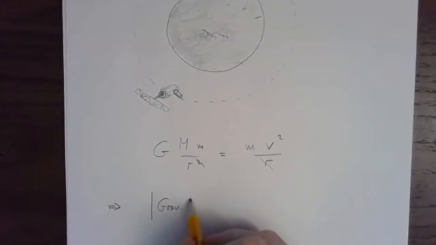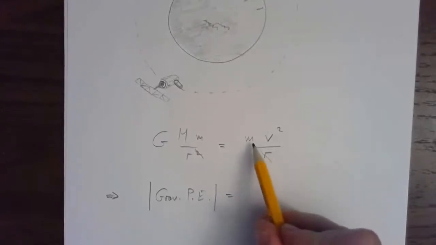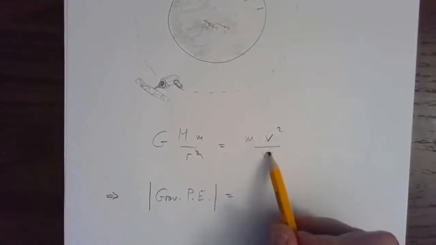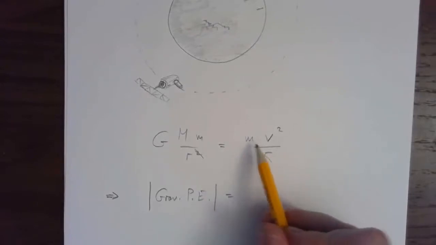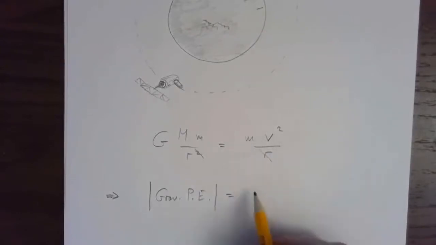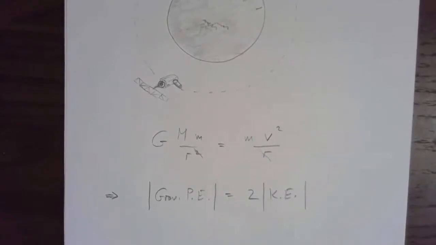gravitational potential energy. Well, it doesn't have the minus sign, so it's the magnitude. And what is this? m v squared. The r's cancelled out, remember? So that's twice a half m v squared, or twice the kinetic energy. Kinetic energy is positive anyway.